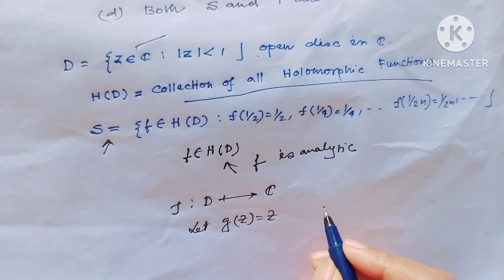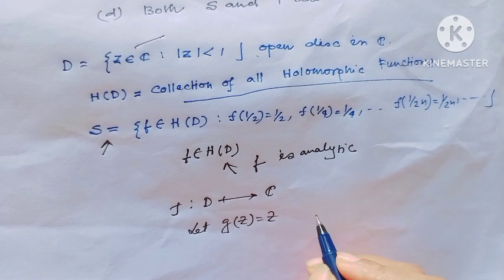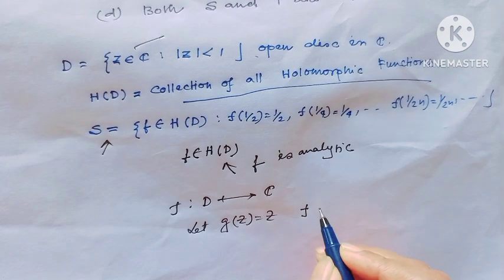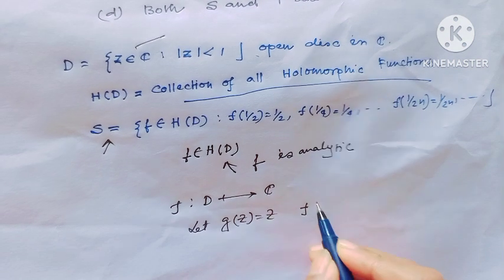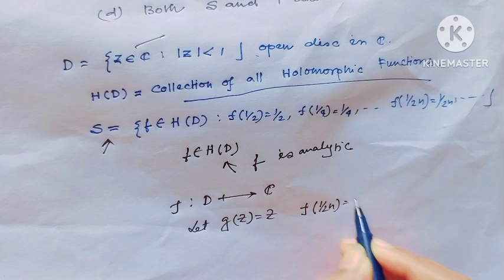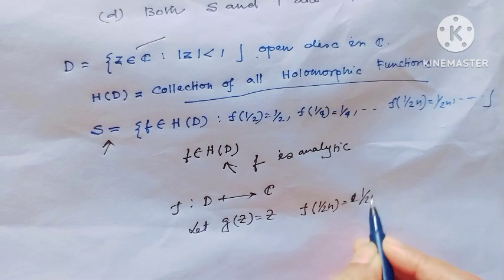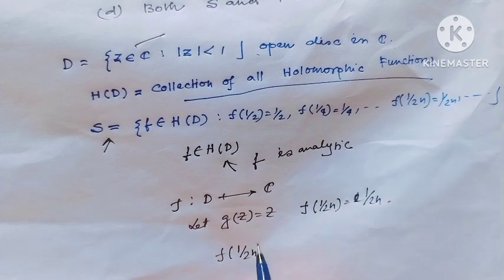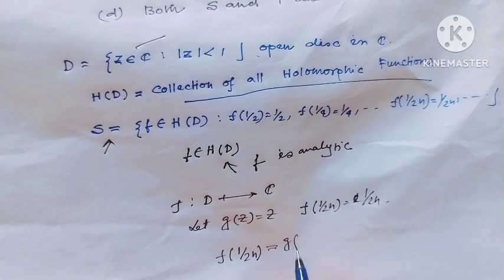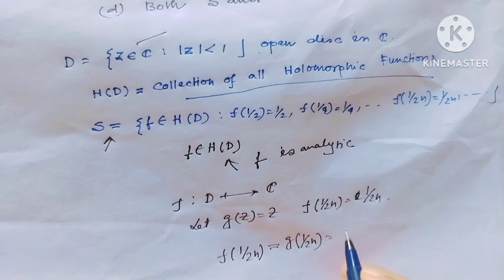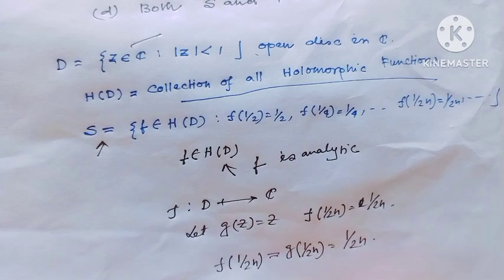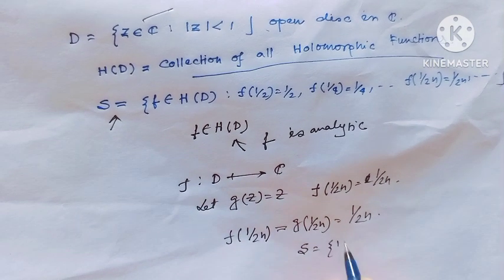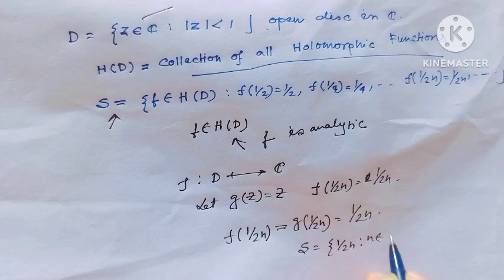Since f(1/2n) equal to 1/2n, notice f(1/2n) equal to g(1/2n) which is equal to 1/2n, and this is true on the set S where S is 1/2n where n belongs to the natural numbers.